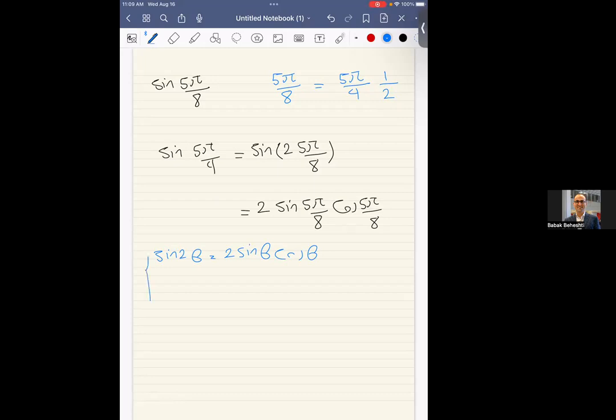And I know that sine of 5 pi over 4 is equal to sine of pi plus pi over 4, which is minus root 2 over 2. And also cosine of 5 pi over 4 is cosine of pi plus pi over 4.